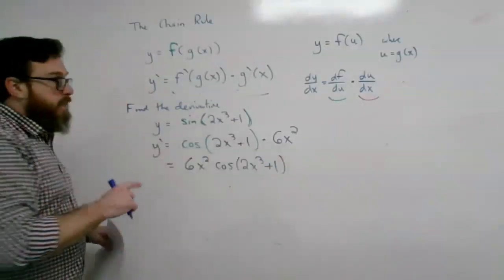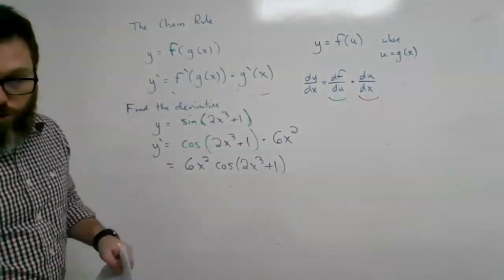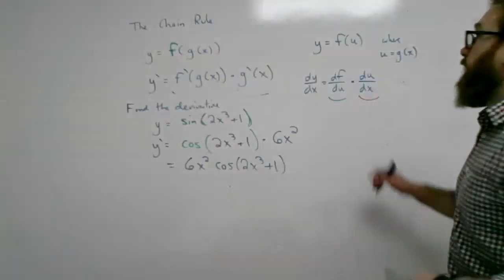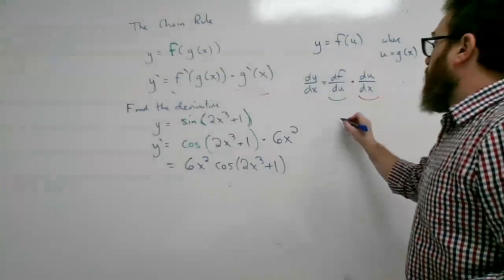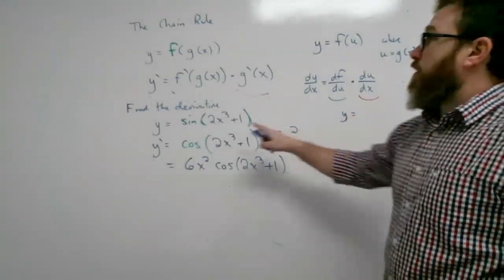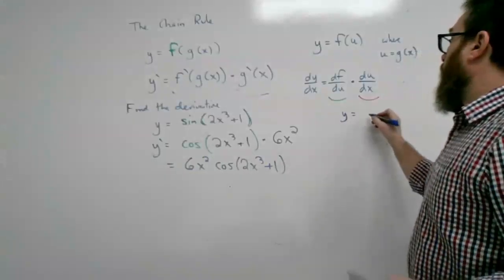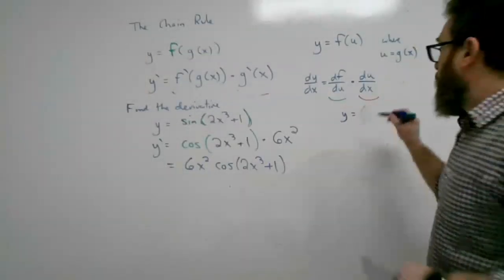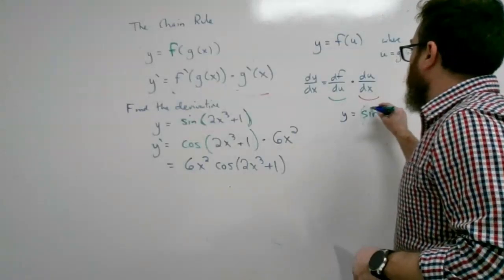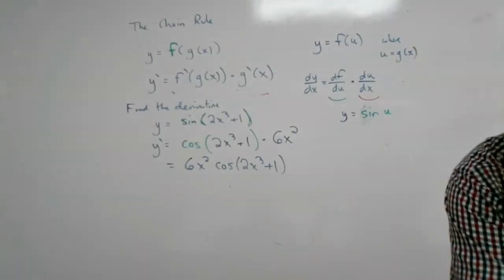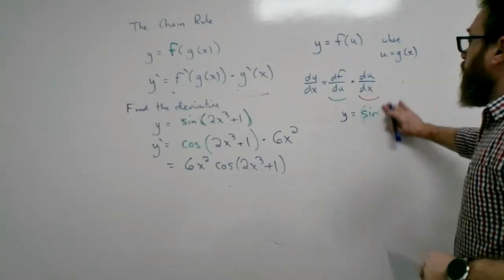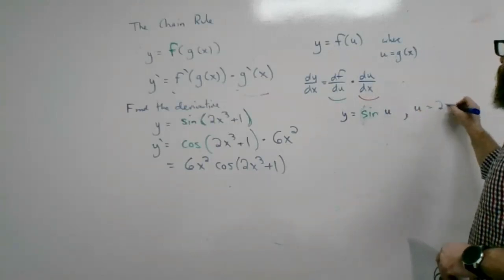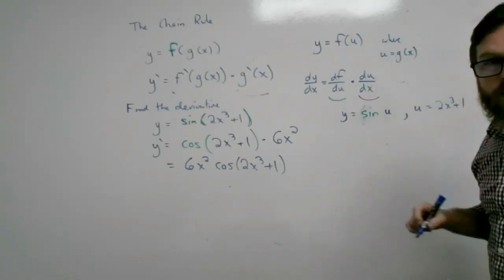Now, if we do the exact same thing for this function using u as g of x, I can say that y is going to be equal to the sine of u, where u is equal to 2x cubed plus 1.